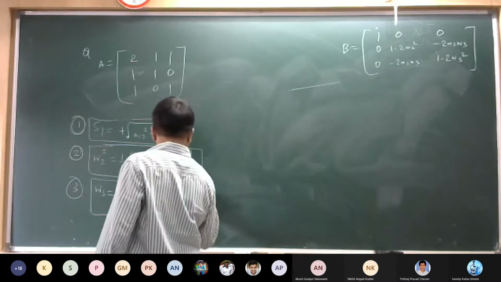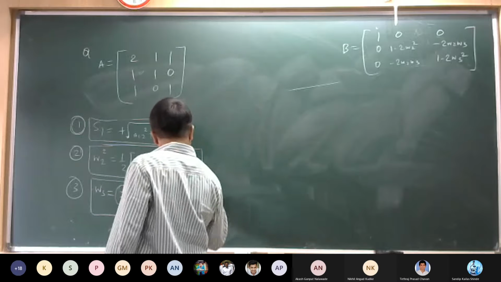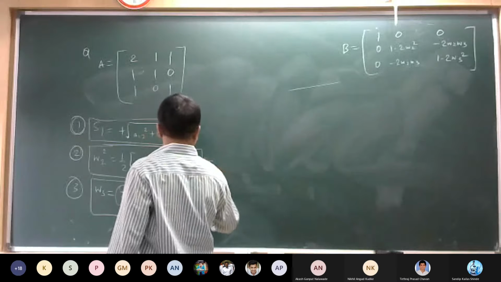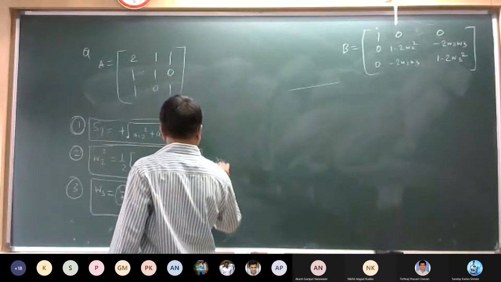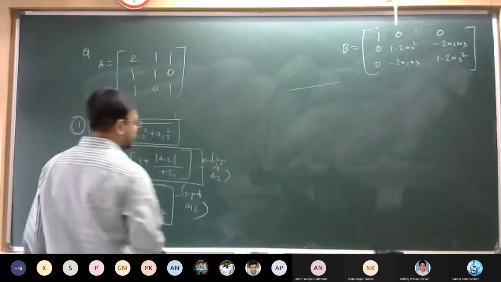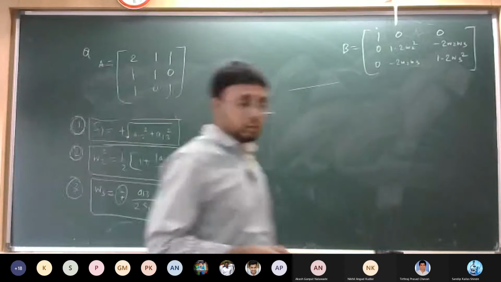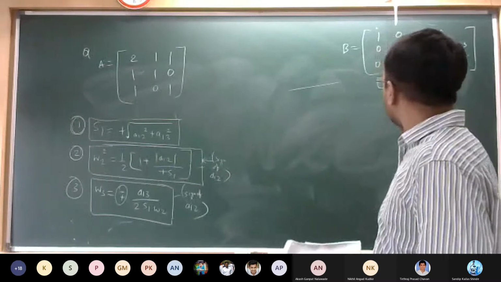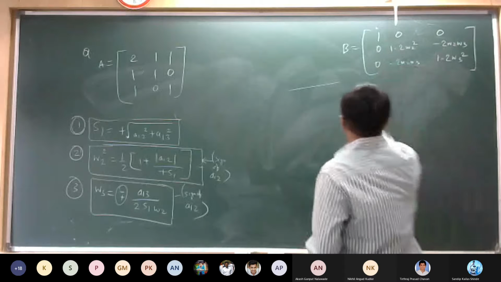Here also the sign matters: we need to use the sign of A12. Calculate the S1 value, W2 value, and W3 value, and then put them in this matrix.